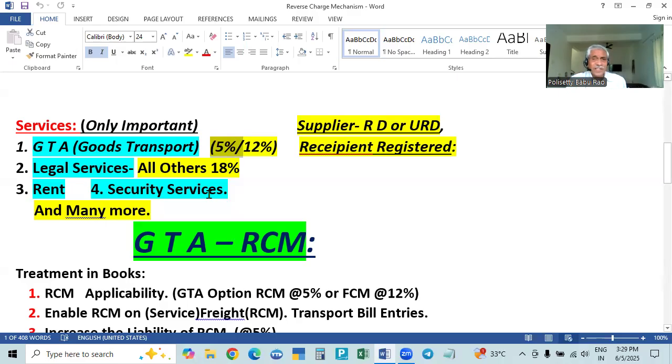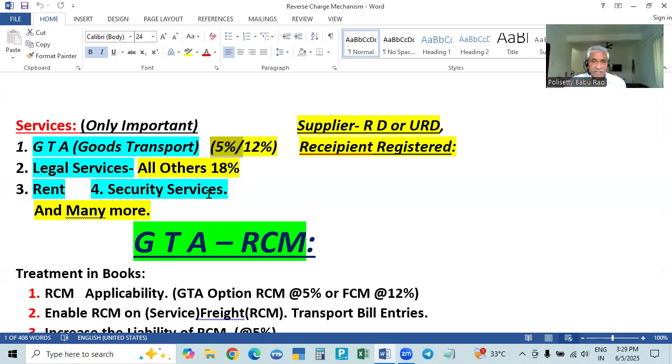Many companies appoint security people. The company providing the security services will give the bill. In their bill they will charge only the taxable value of the service. They will not charge any tax. In this case also, GST is payable by the recipient under reverse charge, that is all you will show.